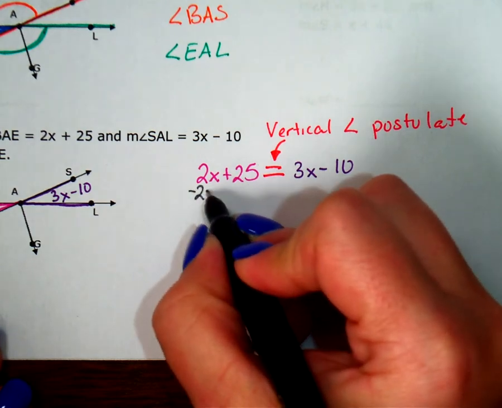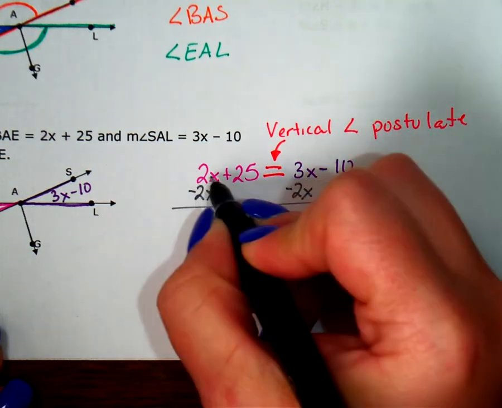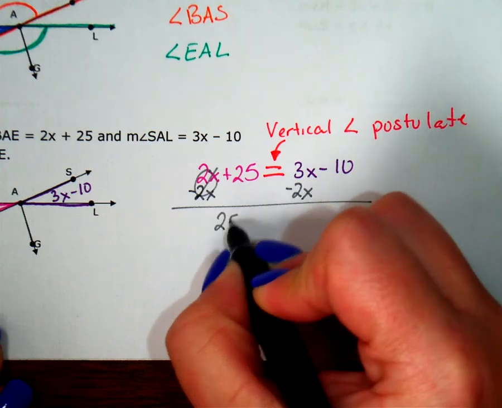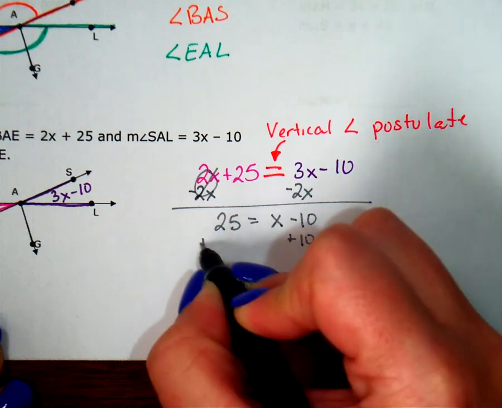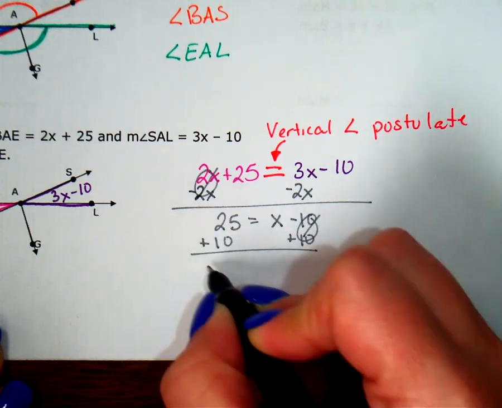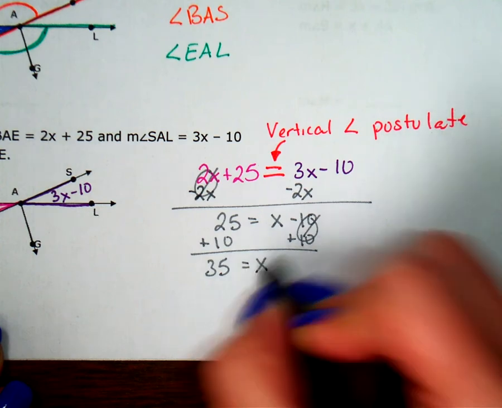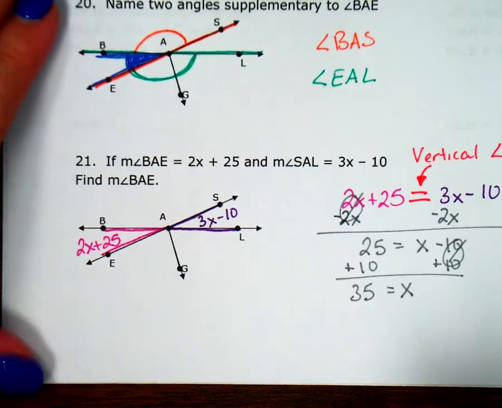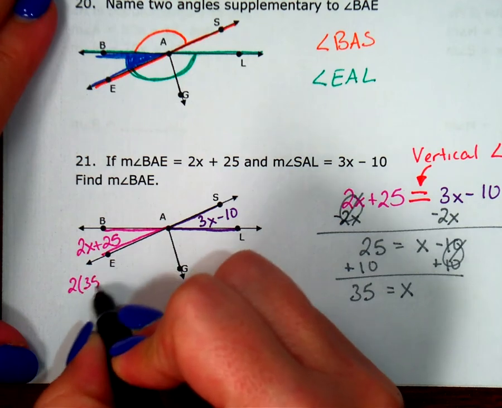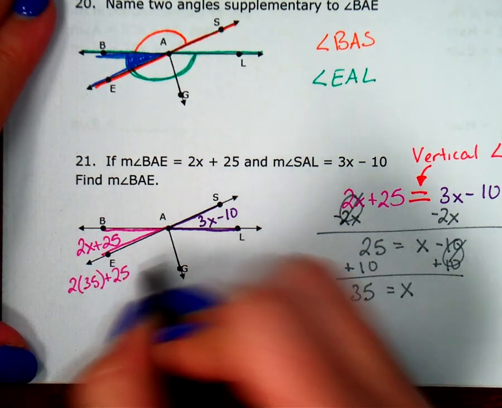I'm going to subtract 2x on both sides. 0 plus 25 equals x minus 10. Add 10 to both sides. 35 equals x. So my question was, how big is BAE, the pink angle? So the pink angle is 2 times 35, because that's x, plus 25, which is 70 plus 25. So I know it doesn't look like it's obtuse, but it is 95 degrees.